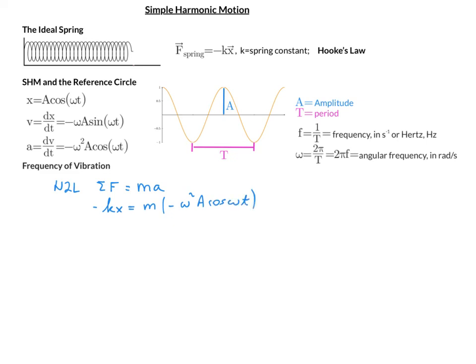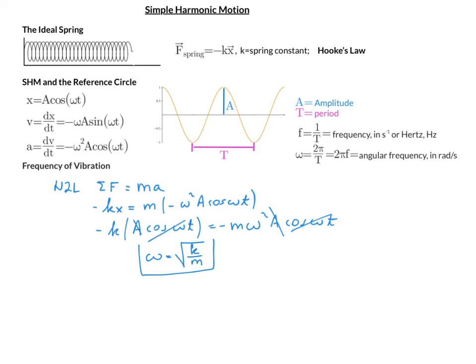We know that x has this form, so we substitute that and end up with negative k times A cosine omega t equal to negative m omega squared A cosine omega t. So I can cancel out cosine omega t, I can cancel out the amplitude, and end up with omega being square root of k over m. So we'll say that the frequency of vibration is this omega, which is square root of k over m.